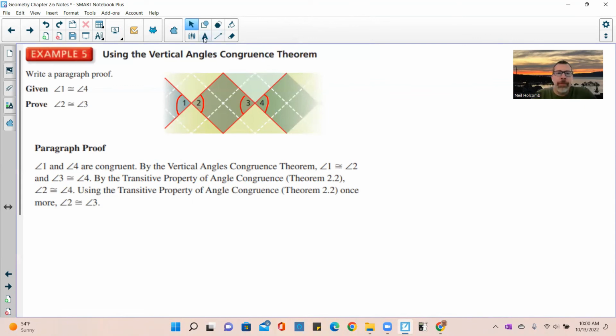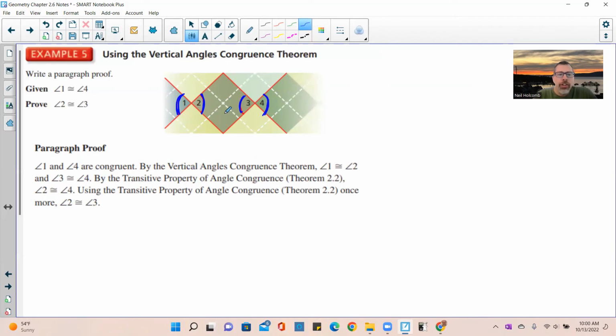So let's recap that. What we're saying is angle 1 and angle 4 are congruent. Angle 1, this one, and angle 2 are congruent. And angle 3 is congruent to angle 4. Those are all by the vertical angles theorem. So therefore, angle 2 is congruent to angle 4.